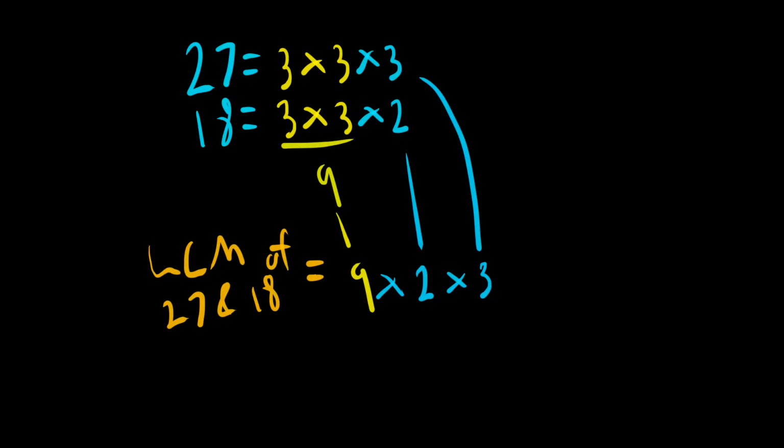So 9 times 2 is 18, 18 times 3 is 54. Now, why is it that when we try to find the least common multiple of 27 and 18, we take the greatest common factor of both numbers and then take the numbers that were left out of the grouping?